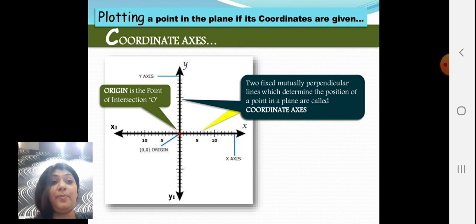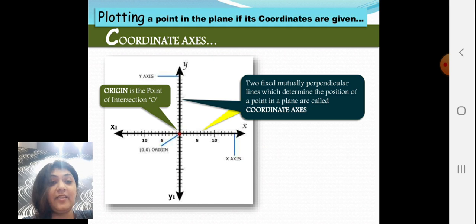Now plotting a point in a plane, if its coordinates are given to you. Now in this chapter mainly they ask you to plot the point. Now remember, the first number always represents the x and the second number always represents the y.